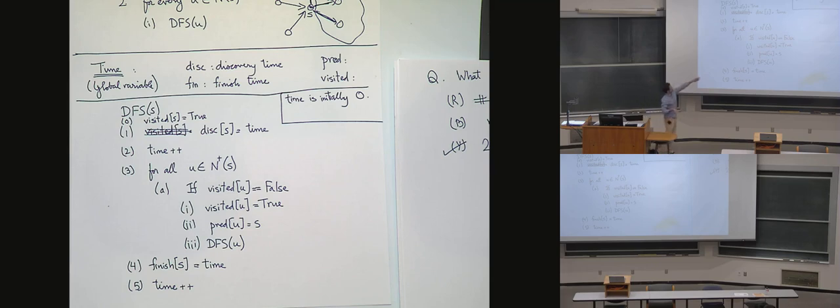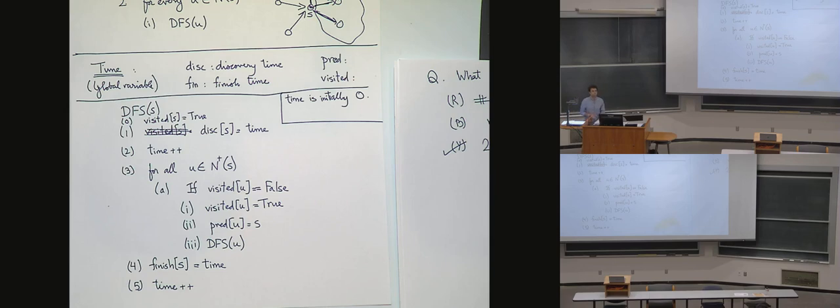Let's say that DFS S made 2 recursive calls. The first one finished, then the next one is going to start, so the finish time and the discovery time would be the same. It doesn't really affect anything, but mentally it's easier, and you'll see in the proofs that it helps if you assume that all the times are different. Okay? Good question.